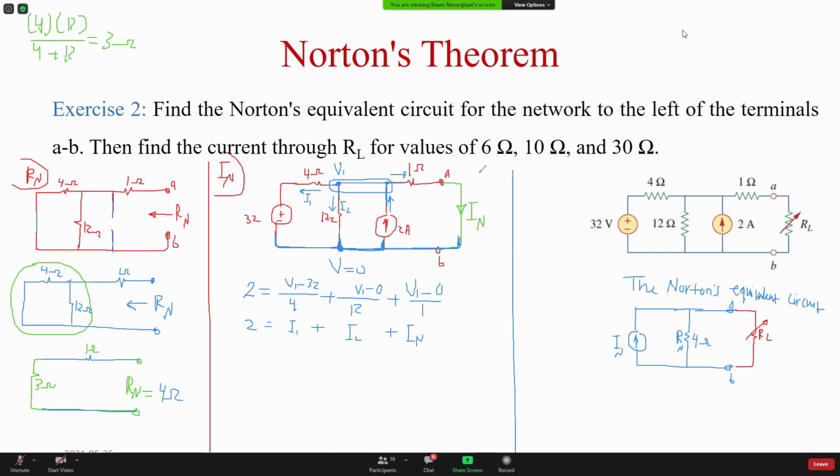So I'm gonna multiply this equation by 12, so we can solve 24 equal to, multiply by 12, so divides 3, so it's 3 V1 minus 96 plus V1 plus 12 V1.